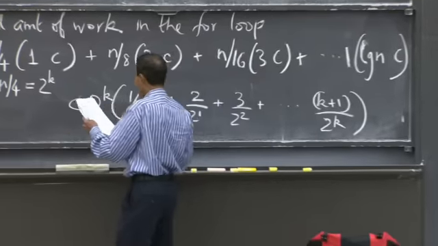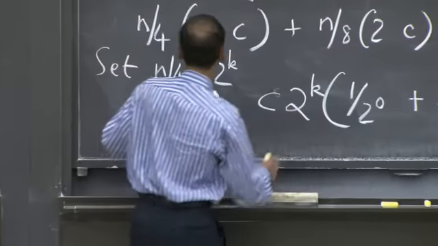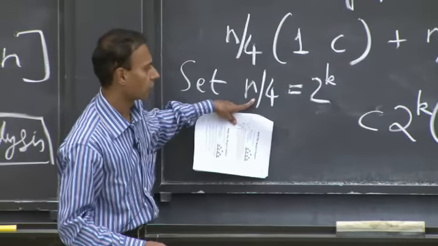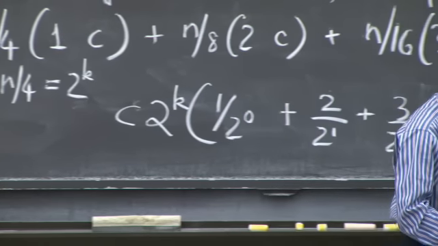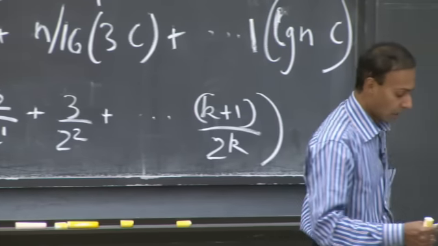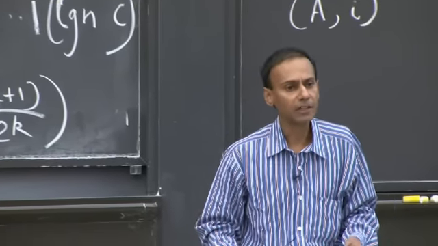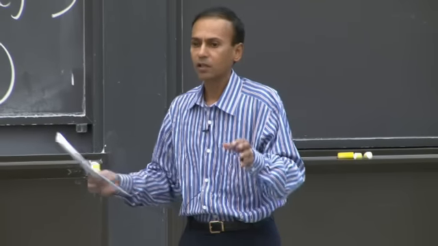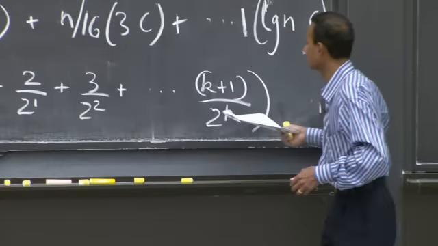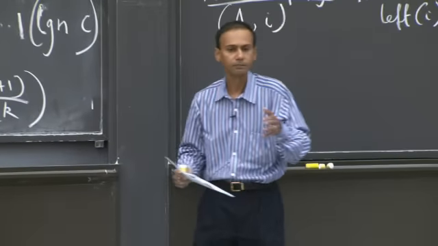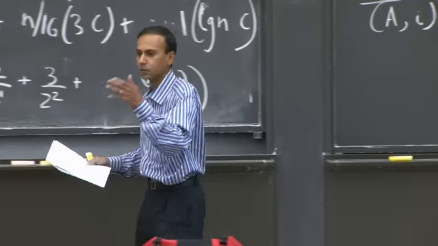The reason I did this is because I wanted you to see the arithmetic expression that's in here. Now, we do know that 2 raised to k is n over 4, of course. But if you look at this expression that's inside here, what is this expression? Can you bound this expression?